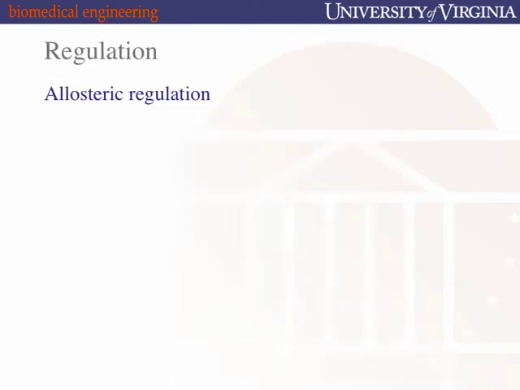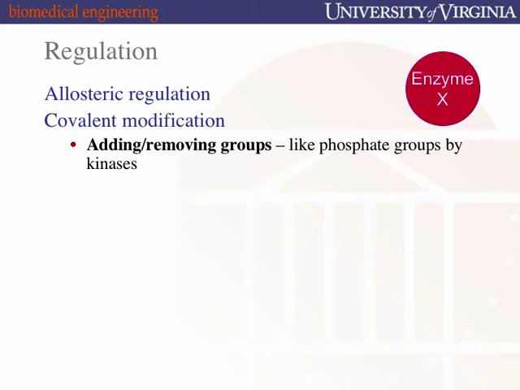All right. So different types of regulation. We've just talked about allosteric regulation. Another type of regulation is that of covalent modification. All right, here's enzyme X, and by adding or removing groups, right? In particular, we'll use this example like a phosphate group by kinases.